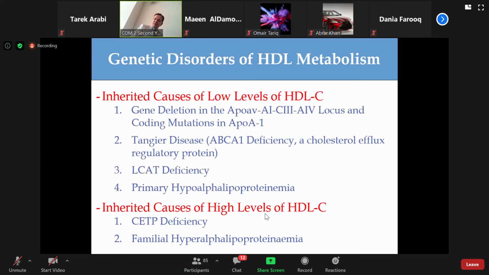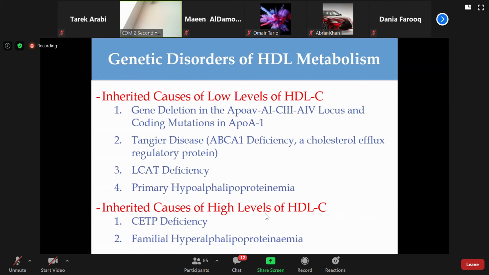We have the genetic disorders of HDL metabolism, and we said it could be increased or decreased. One of them is Tangier disease. Do you know why we have Tangier disease? Did you come across Tangier disease? Okay, Tangier disease is basically a condition where there's almost absence of HDL.